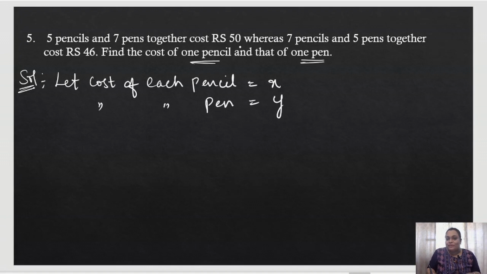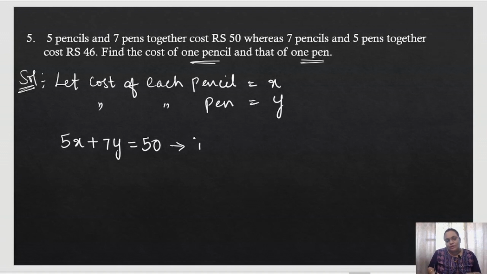Now let us form the first equation. 5 pencils: each pencil costs rupees x, right? So 5 pencils cost 5 into x, plus each pen costs y, so 7 pens cost 7y. 5 pencils and 7 pens together cost us rupees 50.